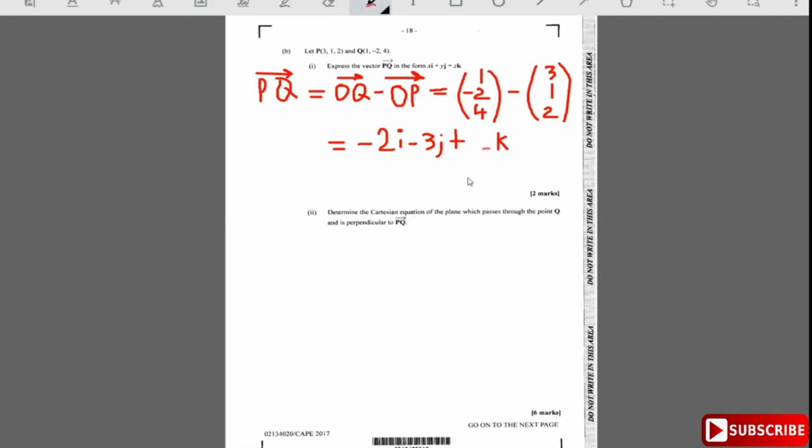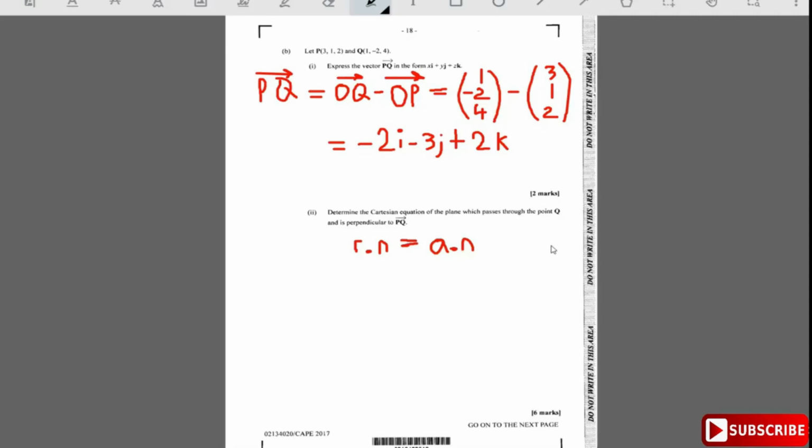Nice. That's vector PQ. Now it says determine the Cartesian equation of the plane which passes through the point Q and is perpendicular to PQ. So the equation of a plane is given by r dot n equals a dot n, where r is just x, y, z, n is a normal to the plane, and a is a point on the plane.